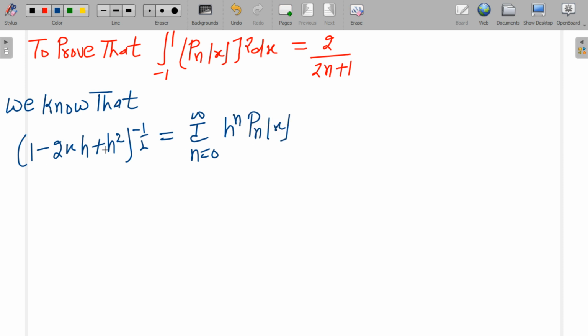This is also known as the generating function of Legendre polynomials. Suppose this is my equation 1. Squaring both sides.